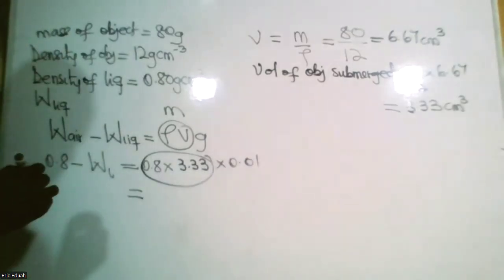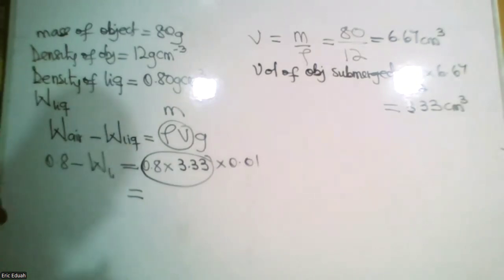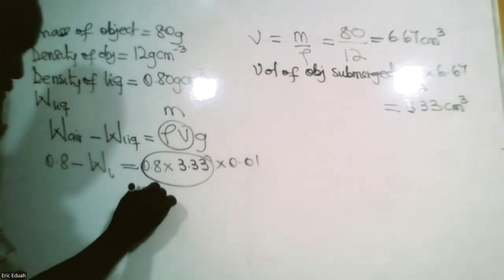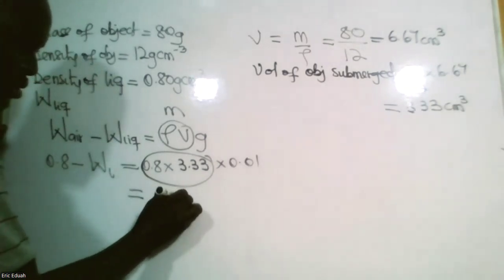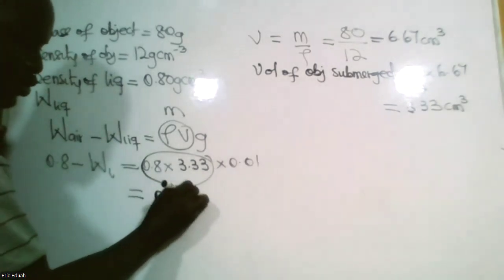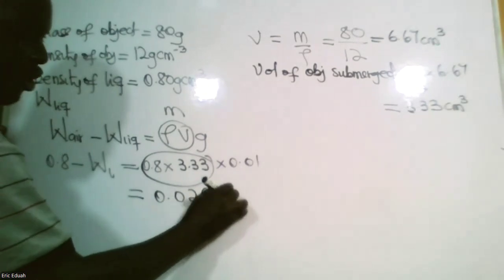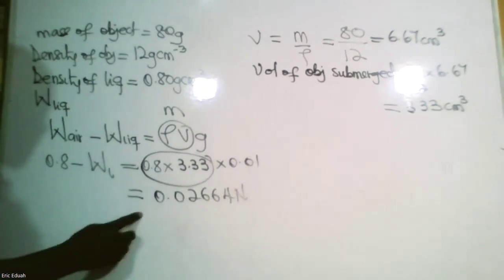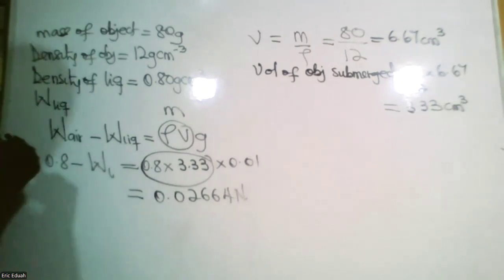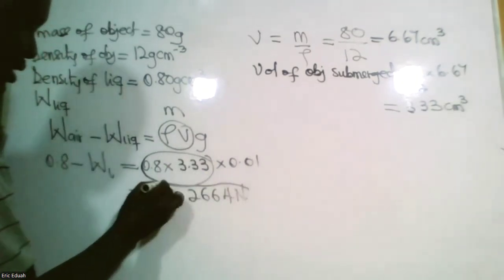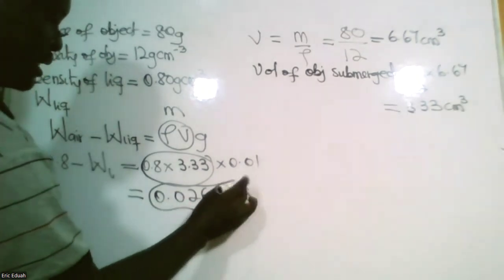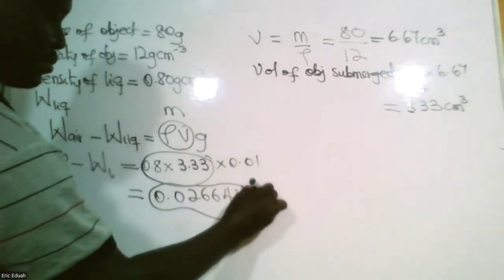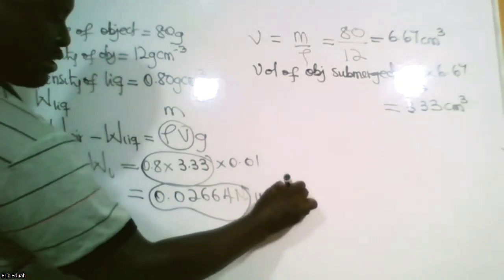0.02664 Newton. So this is the upthrust. This is equal to the upthrust on the object immersed.